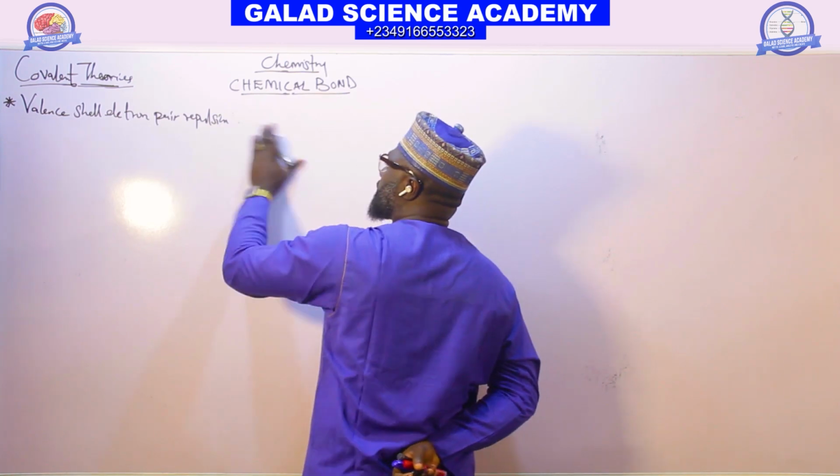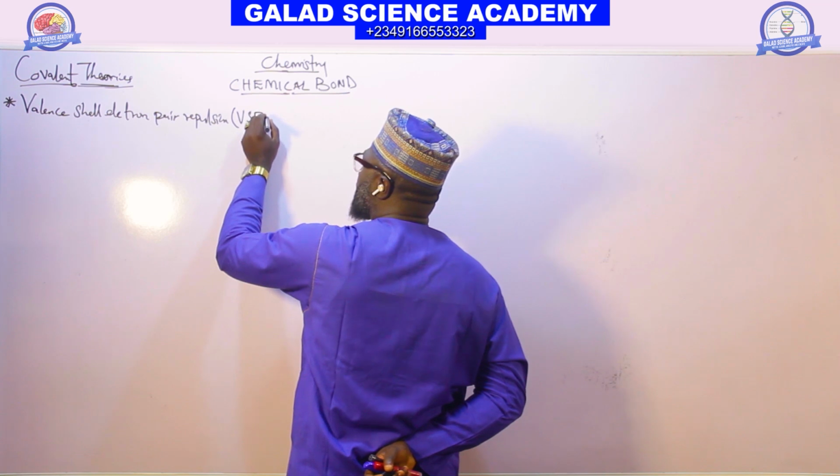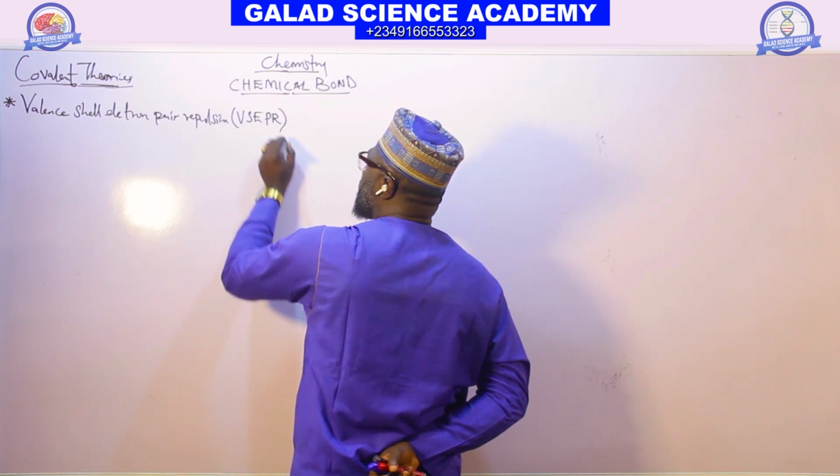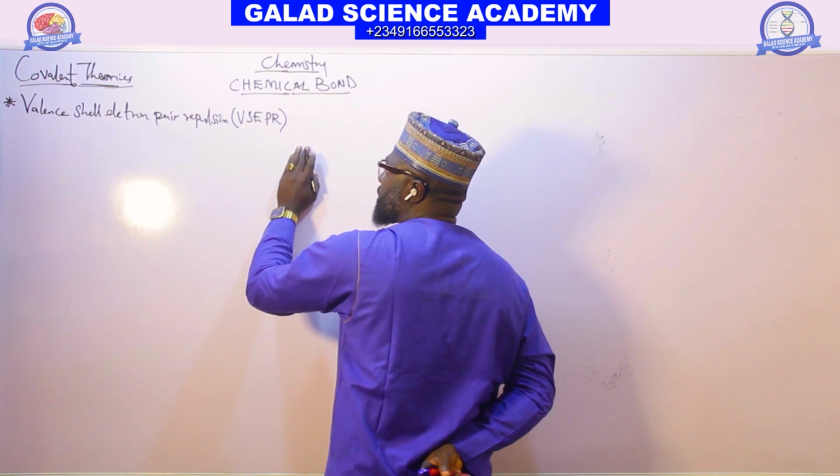And this can also be called VSEPR, which is Valence Shell Electron Pair Repulsion.